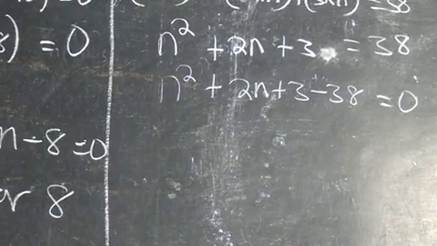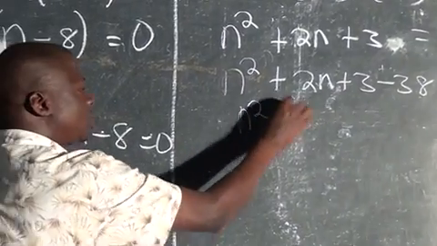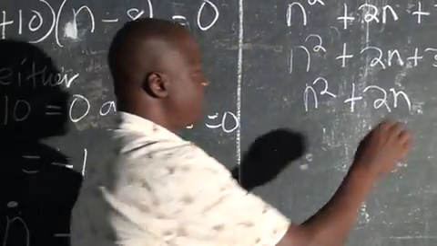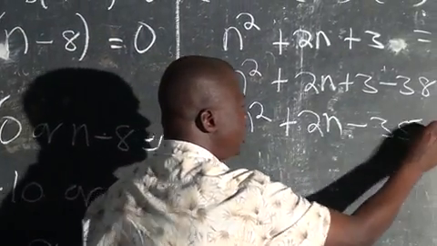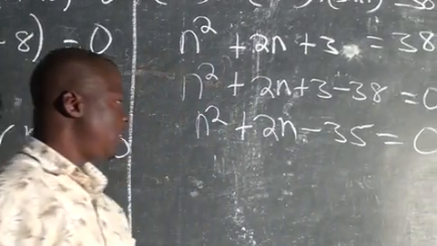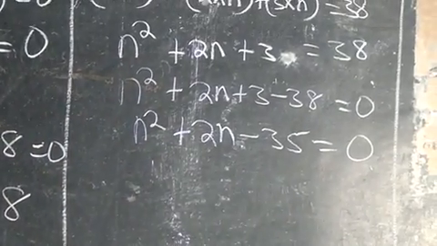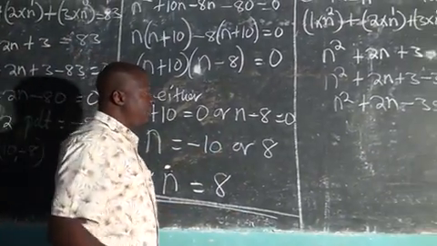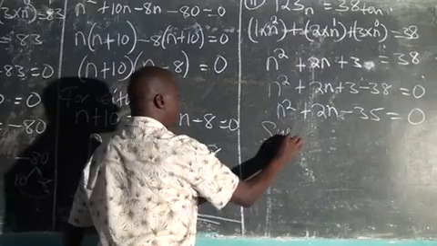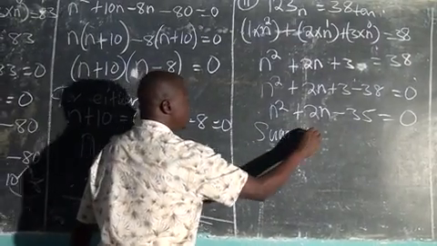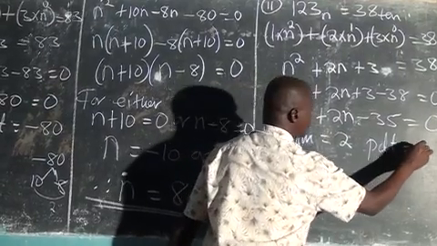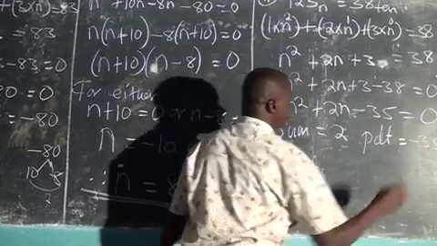So here we shall say n squared plus 2n minus 35 gives 0. But the question was, solve for n. Let us identify the sum and the product. Our sum is 2, and the product is negative 35.